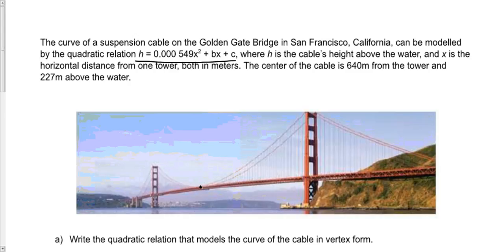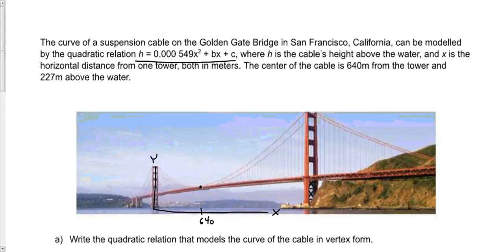Okay, and we know that this particular parabola, it says that the center of the cable is 640 meters from the tower. So that means, and again, the water is kind of the x-axis, so that's our x-axis, and this is our y-axis here. So 640 meters, about here. That's about 640 meters away if you're just on the water.